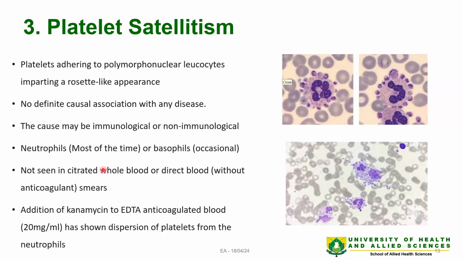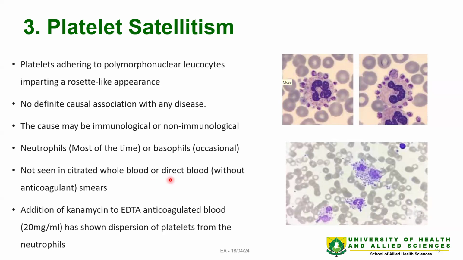So this phenomenon is also not seen when you put your sample in a citrate tube. And if you take blood directly to prepare a film, you would also not see this satellitism occurring. So it's been established that there could be something.